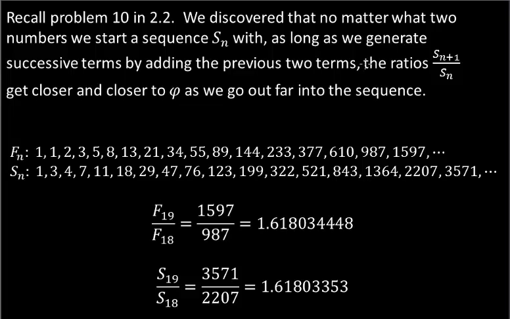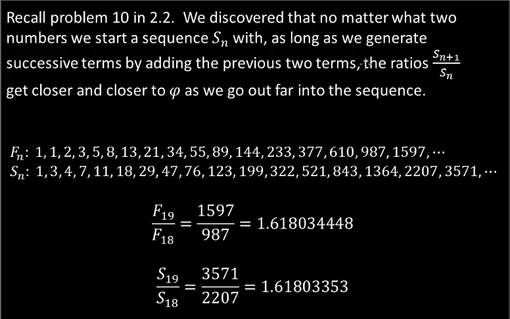This slide, if you want to think more about that problem in 2.2 number 10, you could put it on pause here and notice that I did another example. If I started a sequence S sub n, let's say with 1 and 3, then adding the terms, you get this sequence.